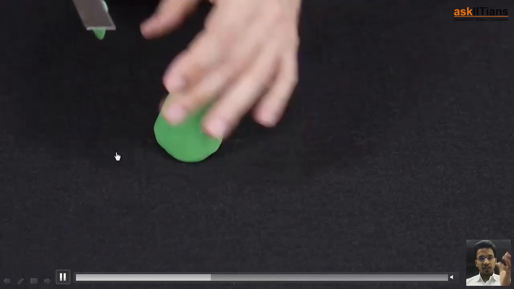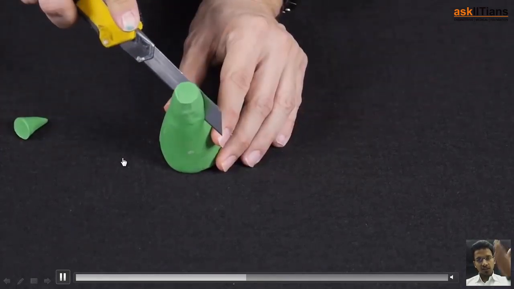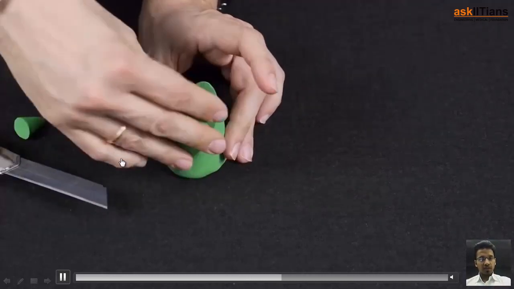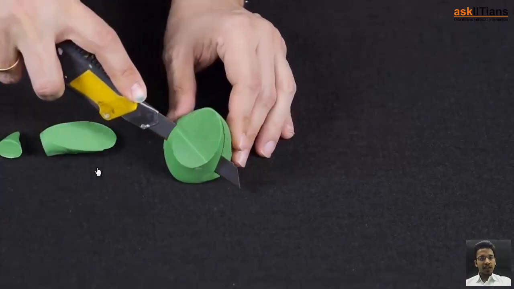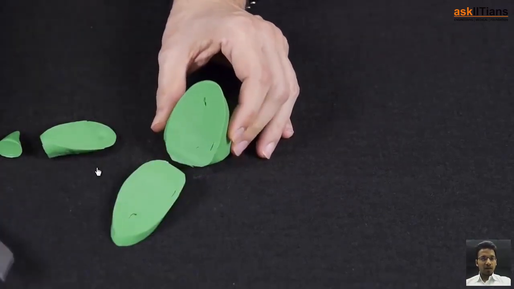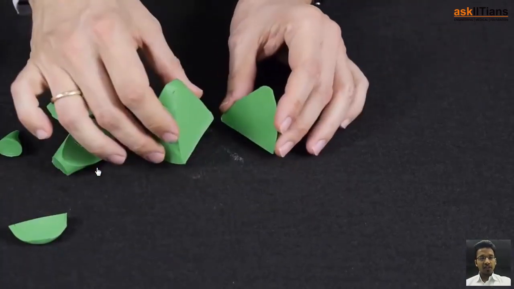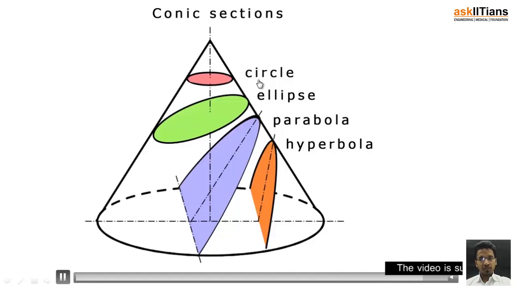Now when we cut it at another angle, we get an ellipse. As we increase the angle and cut it parallel to the slant height, we get a parabola. And when we cut it perpendicular, like this, we get a hyperbola. So these are clearly the 4 conic sections: circle, ellipse, parabola and hyperbola.